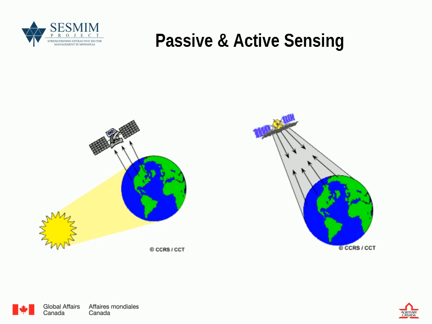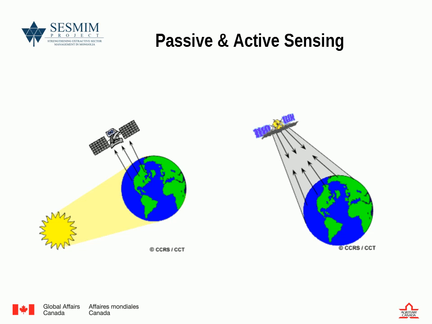Active sensing is the satellite actually sending radio waves down directly. It is actually sending a light beam down and then getting it back. That's active. Passive satellites have to be in daylight. When it's on the other side of the Earth, there's no light. Active sensing, you can do it 24/7.